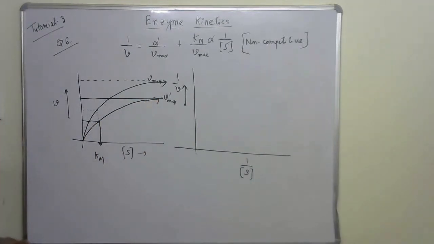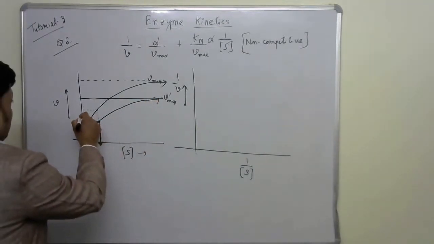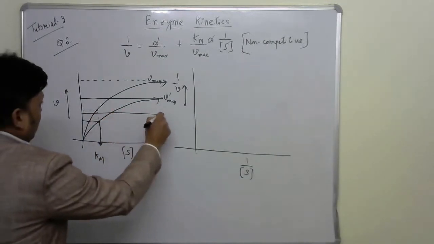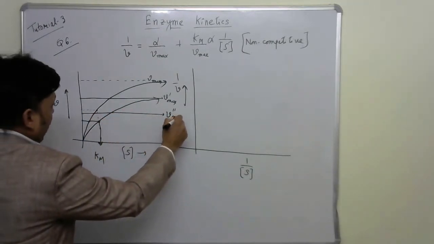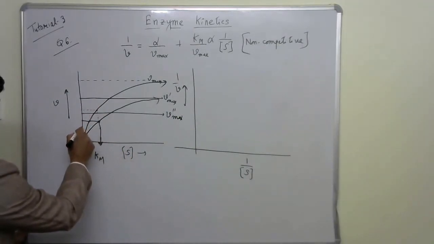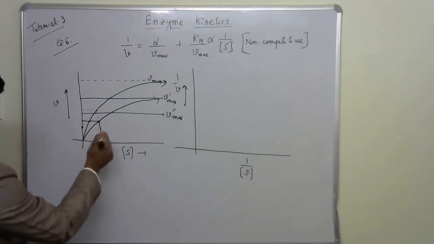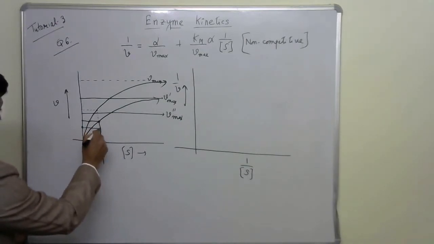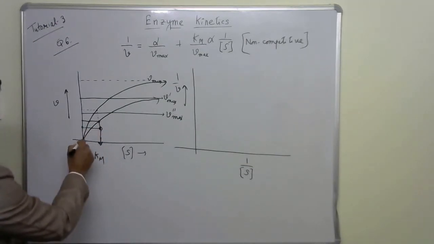All right, and then again we can suppose we can draw another one, Vmax double prime, with enhanced inhibitor concentration, divided by 2. We have the Vmax by 2 value over here, but Km remains constant. So here again we have the new point there.